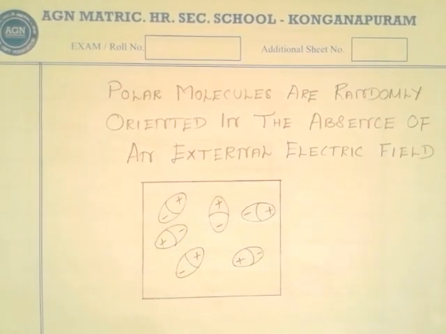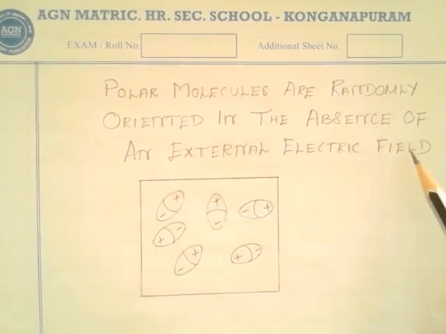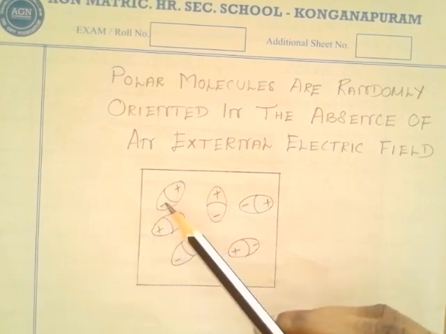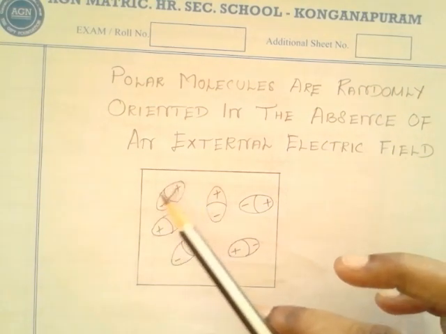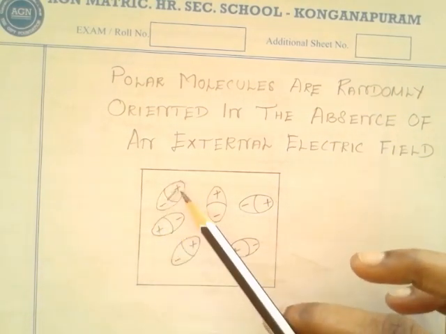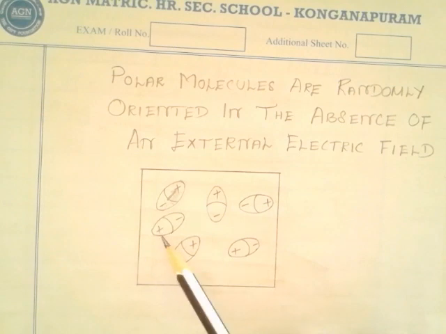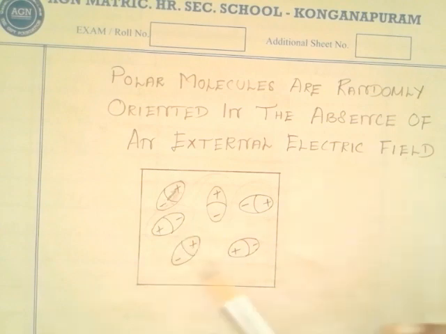See here. Polar molecules are randomly oriented in the absence of an external electric field. See here, negative and positive charges separated by a small distance. Now this system acts as an electric dipole, so it has a permanent dipole moment. But we will take more number of dipoles in the dielectric. The directions of the dipole moments vary from one another.